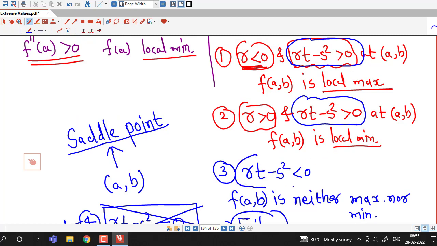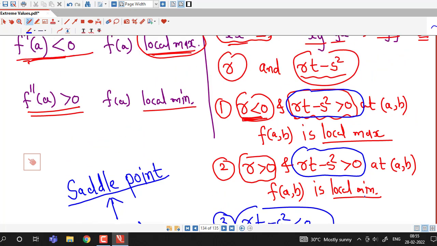If rt minus s square is negative, function is neither maximum nor minimum, and if rt minus s square is positive, function is either maximum or minimum. Now maximum and minimum will be decided with the sign of r. R means fxx or second order derivative with respect to x.